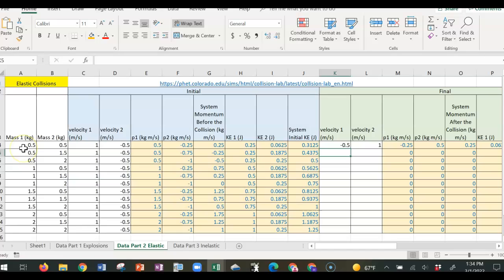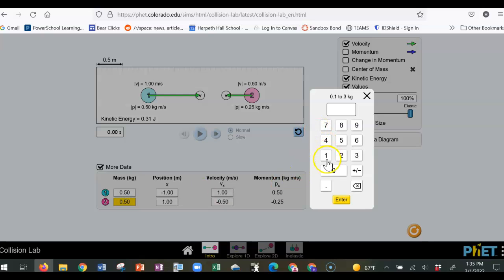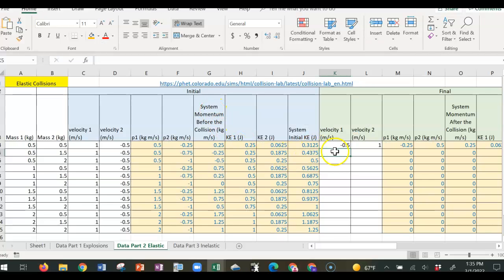Then I'll go to the next data point where I leave mass 1 at half a kilogram, but I change mass 2 to 1.5 kilograms. I run the collision, and then I see that the post-collision velocities are negative 1.25 and 0.25.